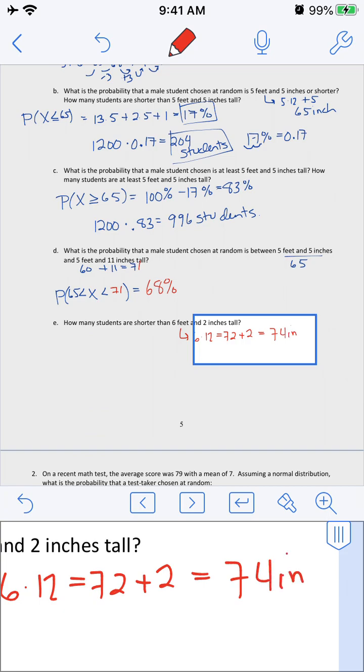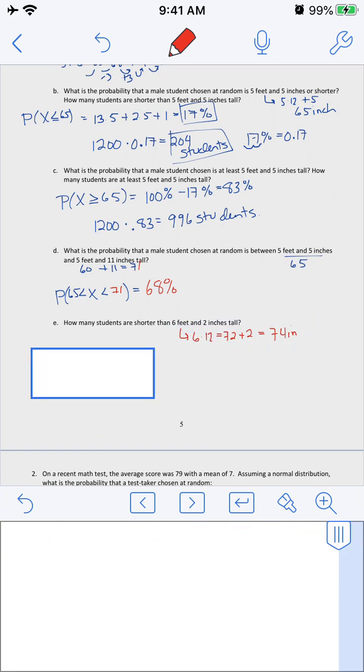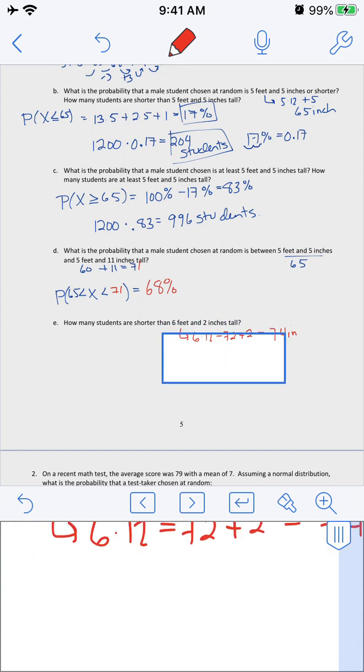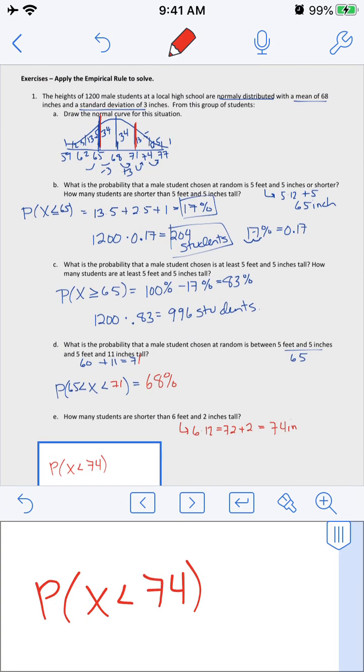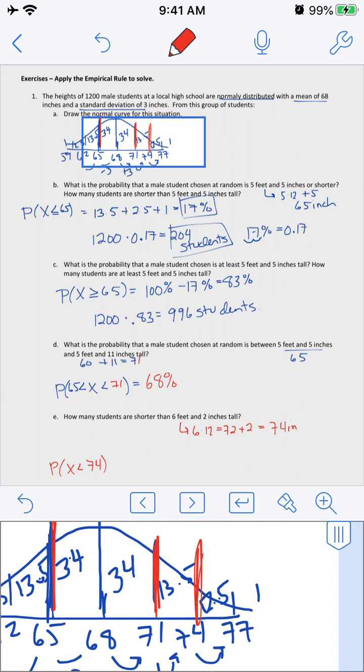So really, we're asking how many people are less than 74 inches. I can't really find that until I know the probability that someone is less than 74. So let's find the probability that somebody is less than 74. I'm going to go ahead and say it's probably a lot. When you look at our graph, 74 is chilling over here. That's a lot of stuff below it, right?